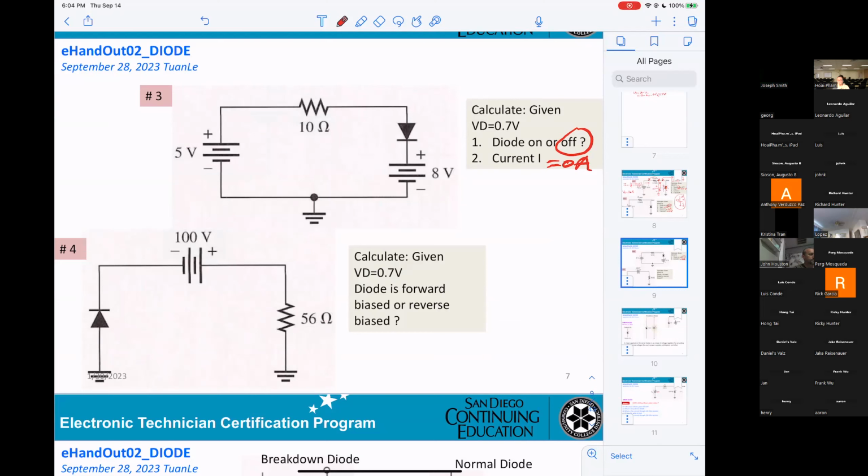Number 4. Diode on or off? The answer is diode on. That means forward bias.